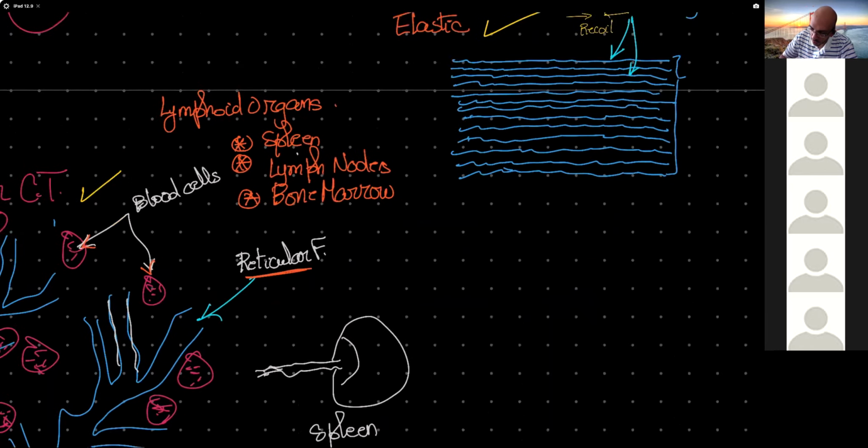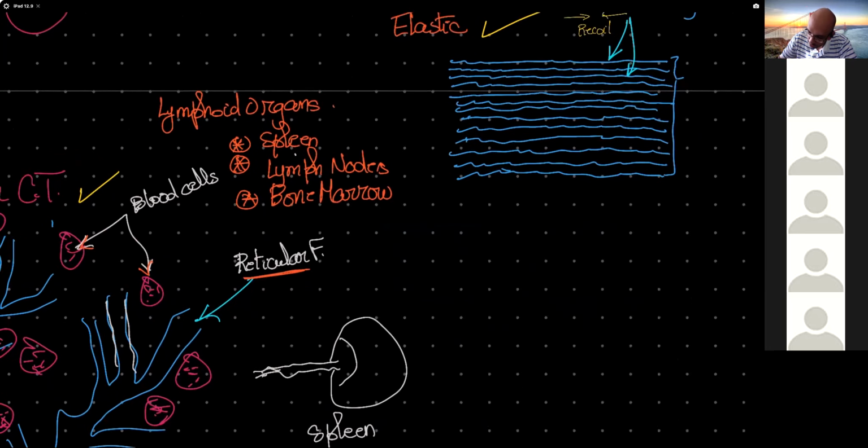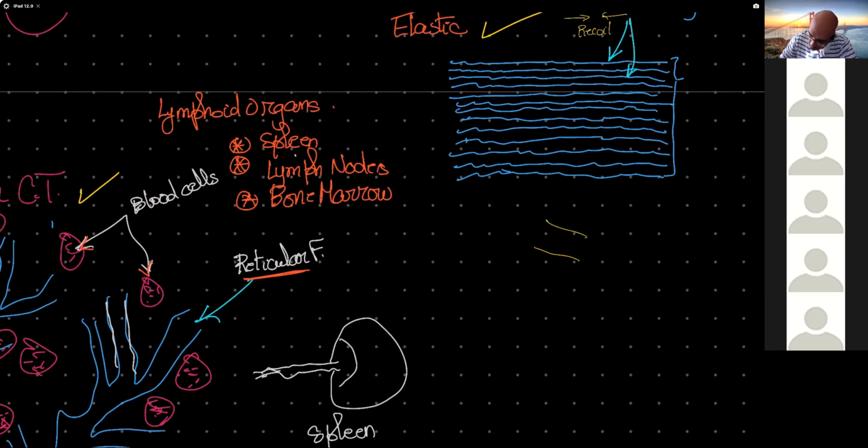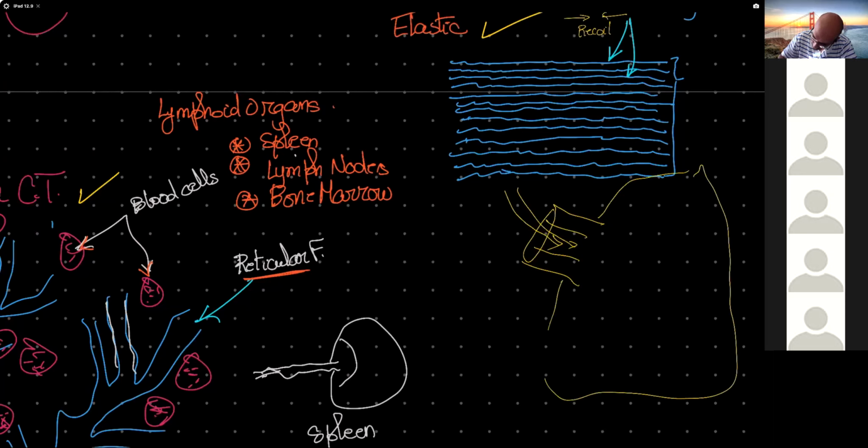If you remember, we needed this in the bronchi of the airways. When you breathe in, air travels in, you stretch the airways, you stretch your lungs. This is when I breathe in, stretch airways, stretch my lungs.